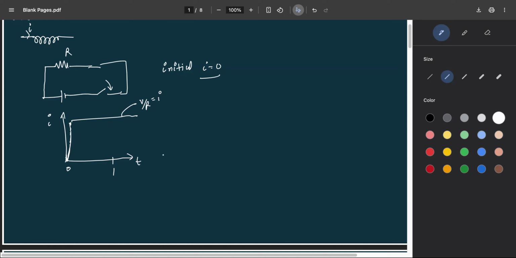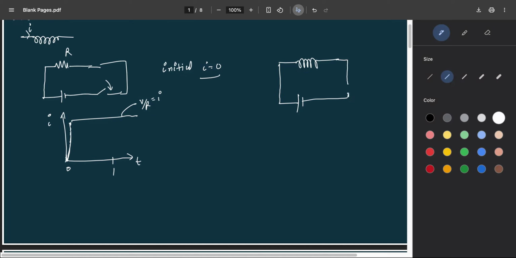Okay, so what if I have another circuit, something like this? Do we get the same result in this case also?